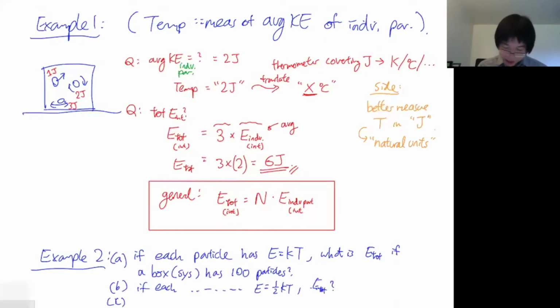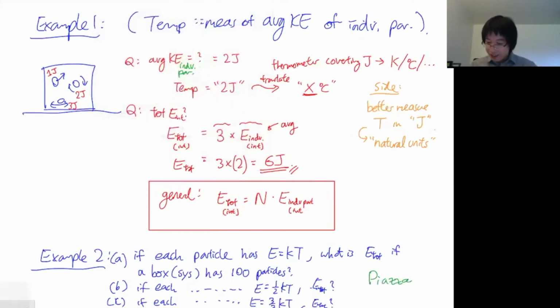Question C: if each individual particle has 3/2 kT, what's the E total? Try to put these answers on Piazza, and discuss with each other. It's almost trivial, but just to make sure you understand this.